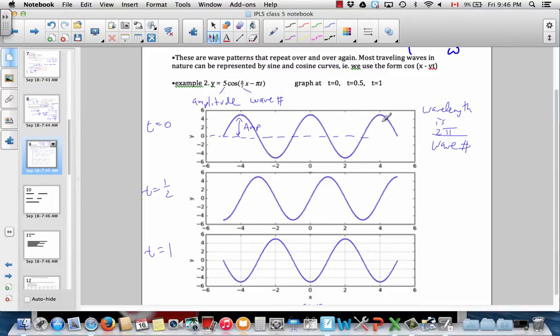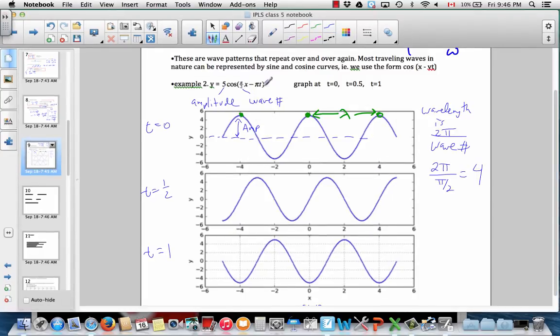Now, if the wave number is pi over 2, 2 pi over pi over 2, according to the law of fractions, is actually 4. So we expect a wavelength of 4 units, and indeed that's the case, because the distance between crests here is 4 steps. So we could see that if we had a mathematical description like this, this wave number could be used to get the wavelength of the disturbance.